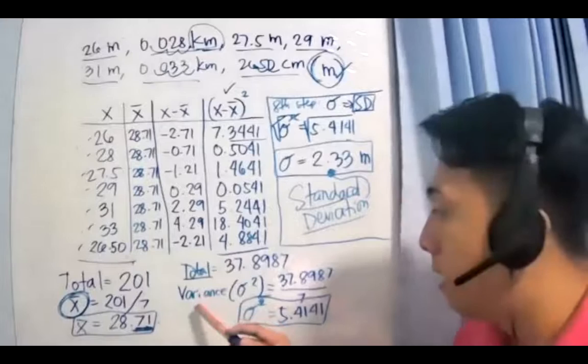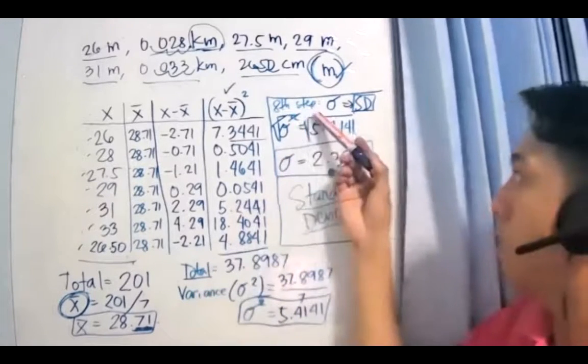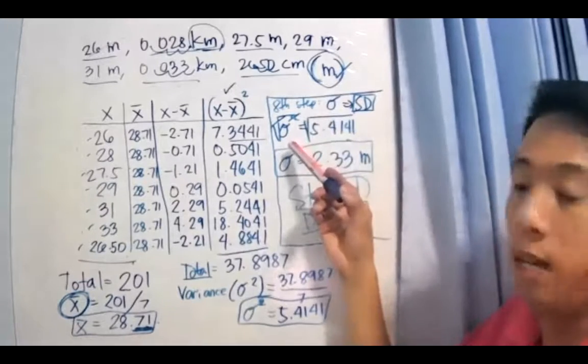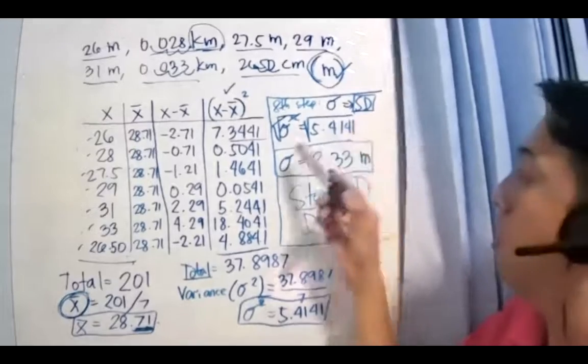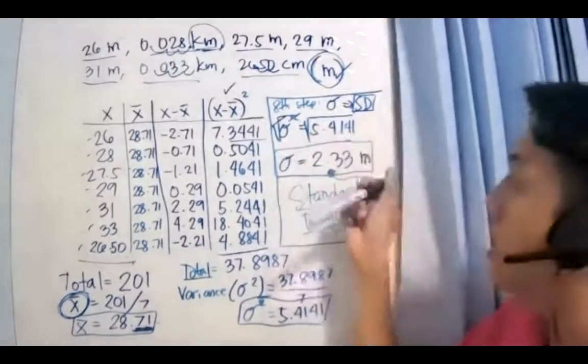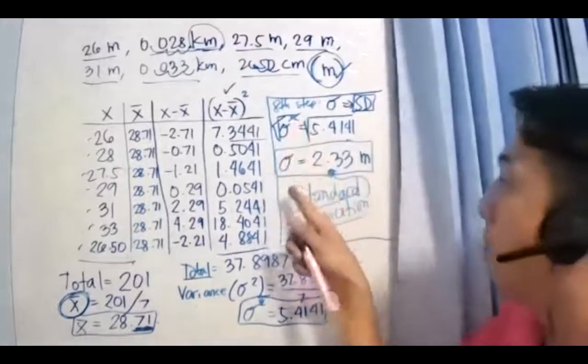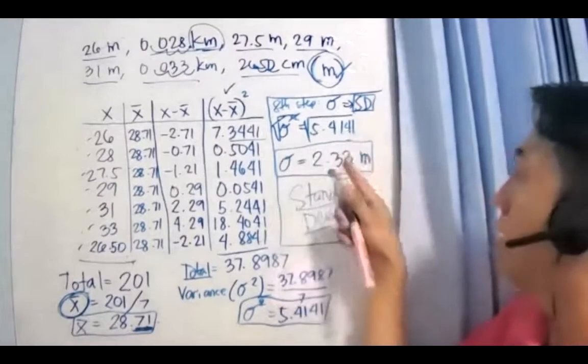Okay? And then after that one, we will now move on to the last step, which is we will find the standard deviation. Okay, paano gagawin yon? We will just extract the square root on both sides para matanggal si square doon sa variance para matanggal lang si sigma.